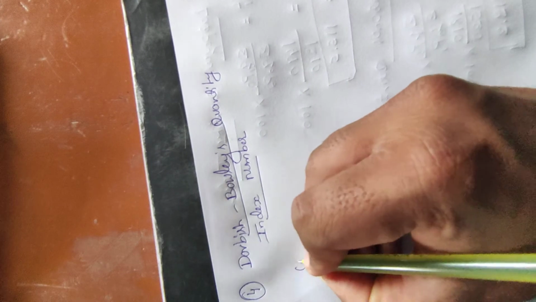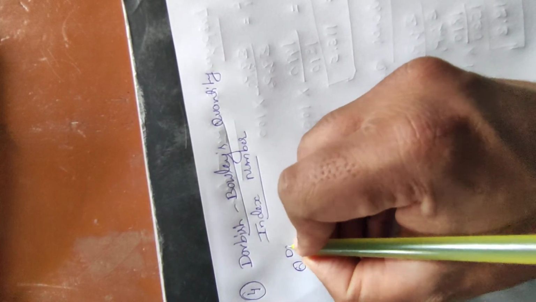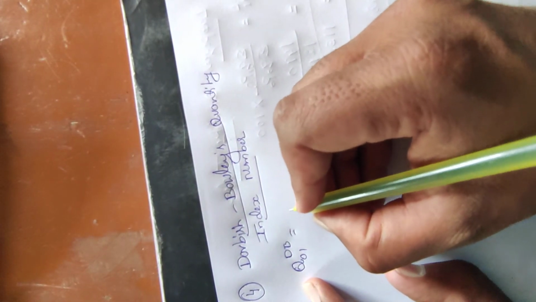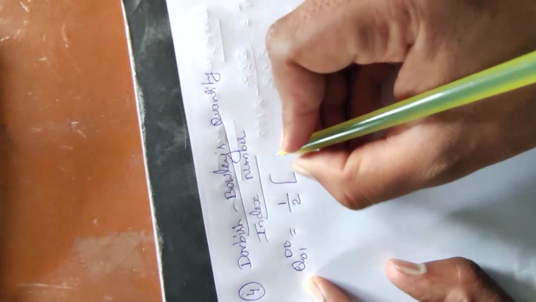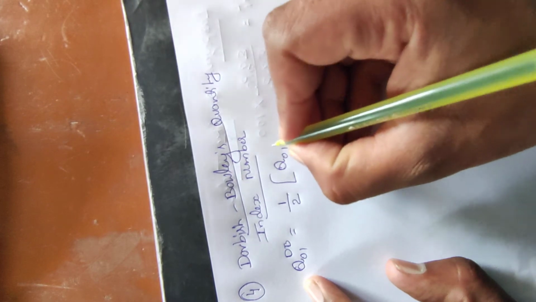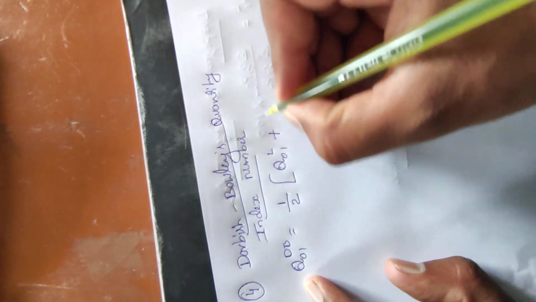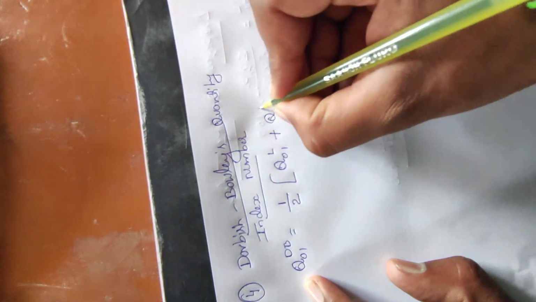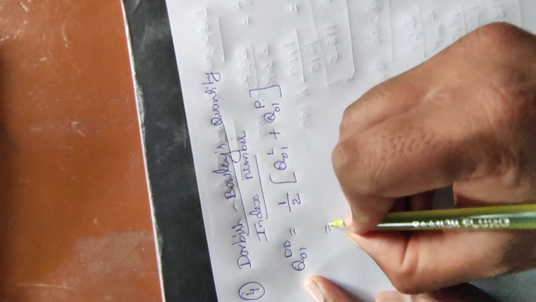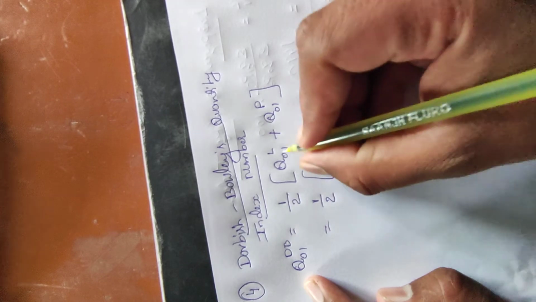The formula for the Dorbish-Bowley quantity index is 1 by 2 times Q01 L plus Q01 P. We can use this shortcut formula here.